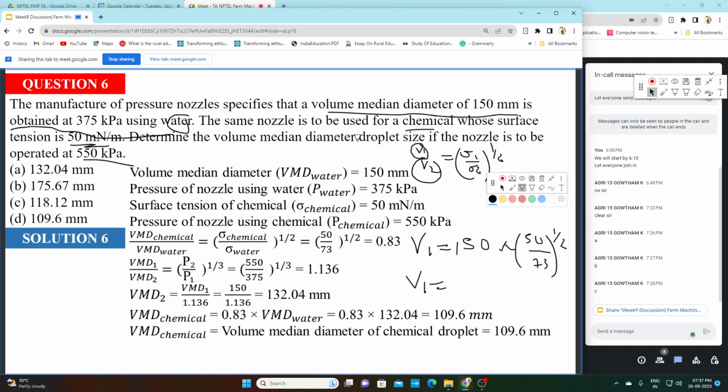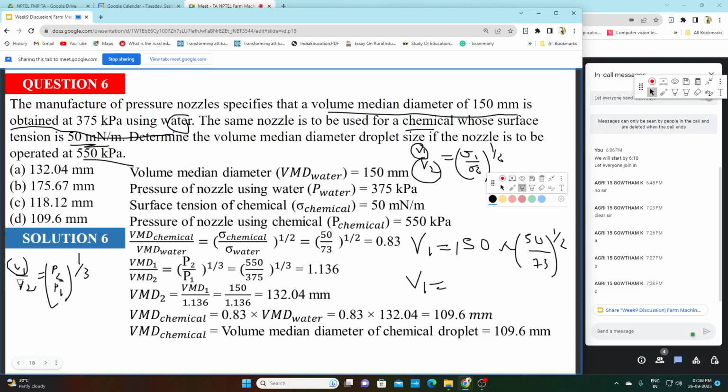Now in the second part we have been asked that if the pressure is changed, how it will affect. So for pressure also we know the formula, that is V1 divided by V2 will be equal to (P2 by P1) to the power 1 by 3. In this case we know the V1, but we do not know the V2.